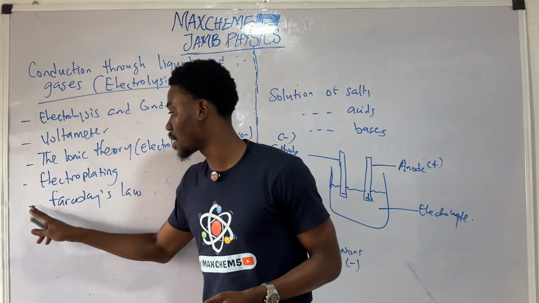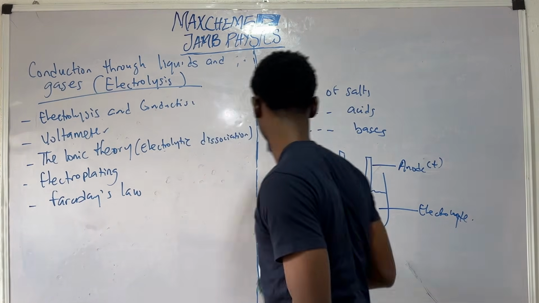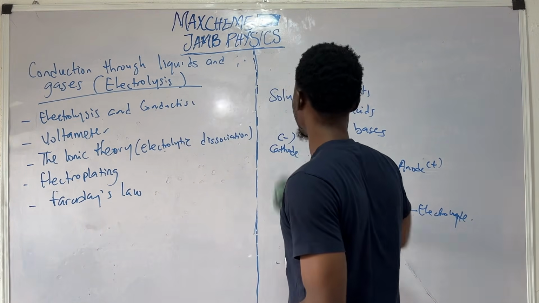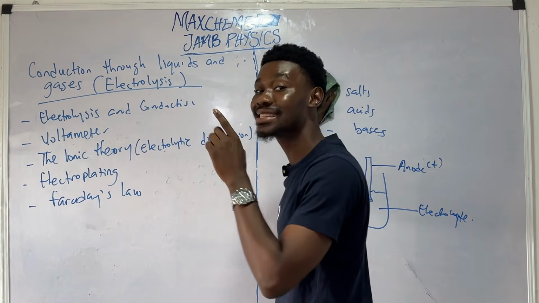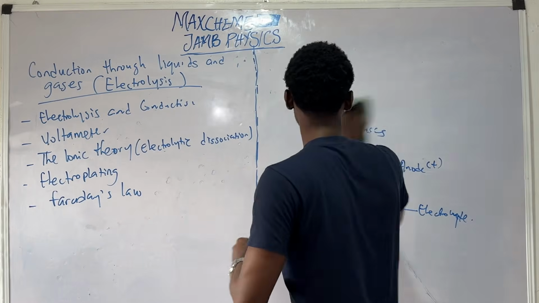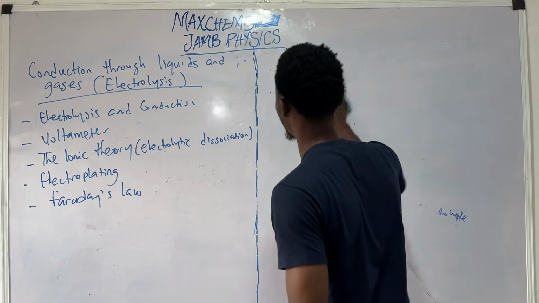Next, I want to talk about Faraday's law. What is Faraday's law? Now, Faraday's law of electrolysis, because we also have Faraday's law for electromagnetic induction. To be more specific, Faraday's law of electrolysis has two laws basically.